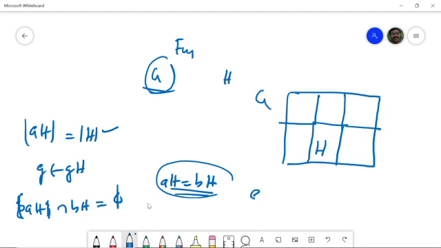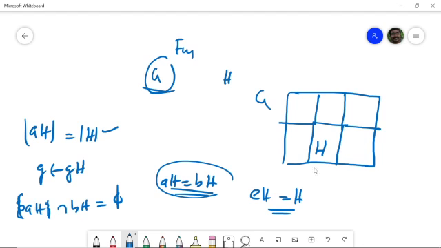Because if I take E into H, it will simply be the one coset H. So the cosets partition the group G into cells of equal order, and of those, one will be our H.